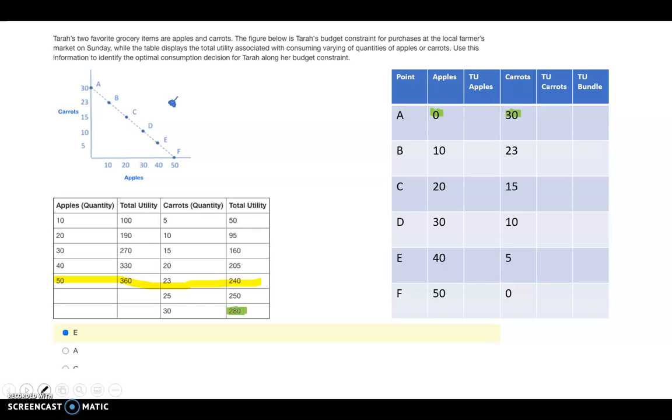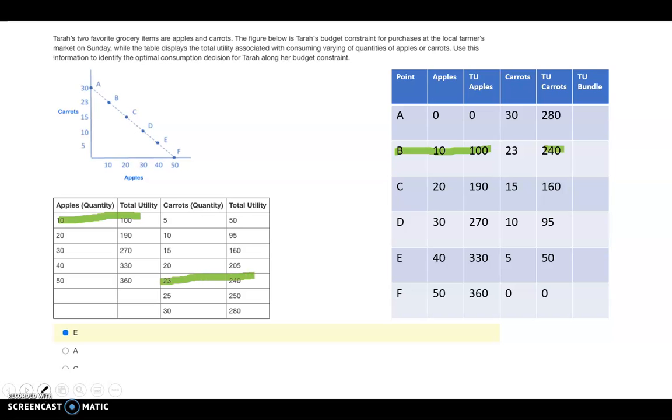Then I'm going to fill in the remainder of those. I'm just retrieving the data right now. So when I have 10 apples, I have 100 utility. When I have 23 carrots, 240 utility. I'm just pulling the utility off of that table to match the bundles that we found.